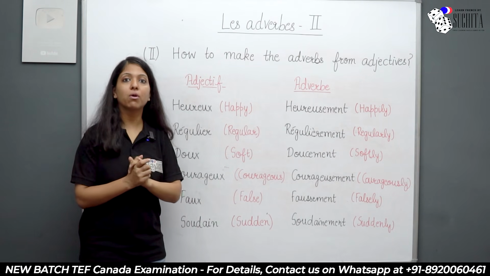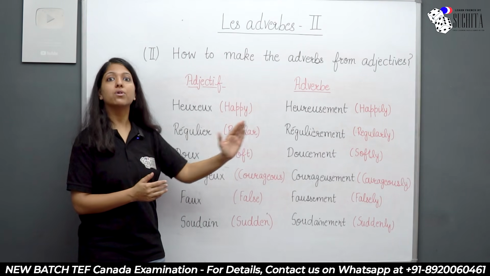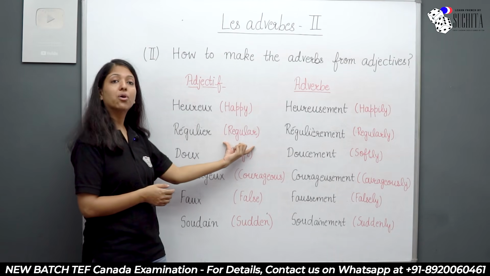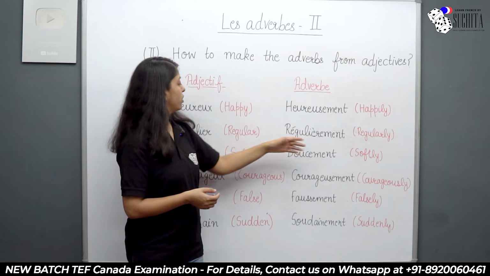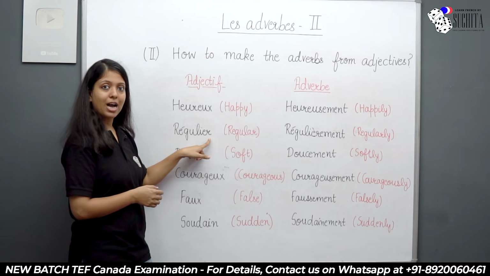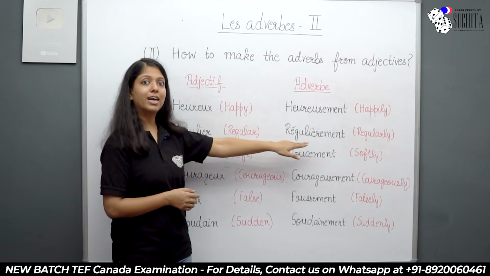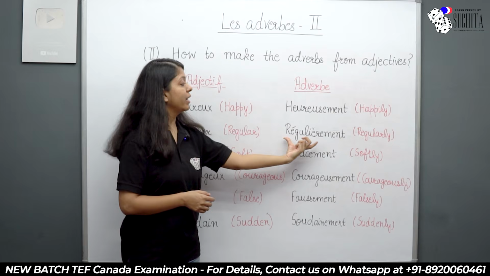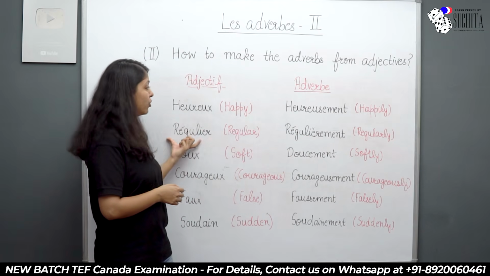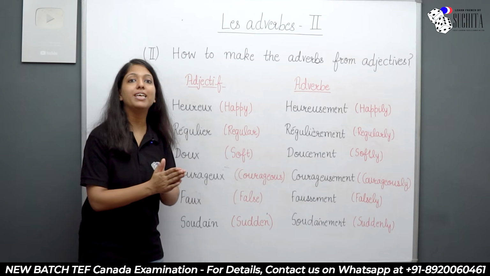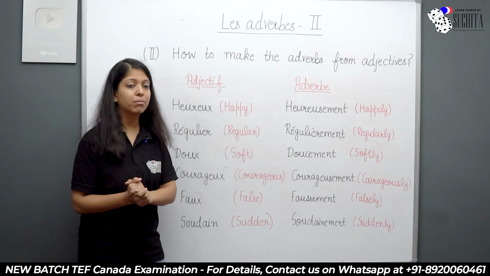So heureusement. Heureux, heureusement. Next is régulier. Régulier, which means regular. Now it ends with a consonant, R. In order to make it feminine, I have written régulière. That is its feminine. Régulier, régulière, and then add ment to it. So régulièrement.